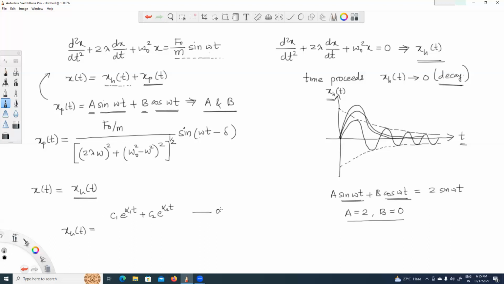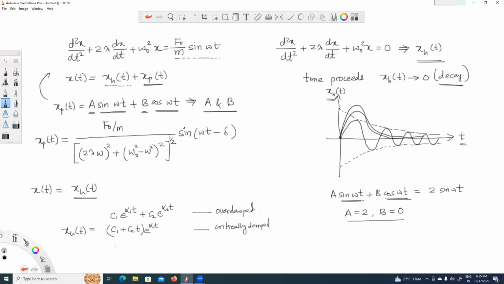This can be written for an overdamped system. If you have a critically damped system, you have c1 plus c2 times t multiplied by e to the power alpha t. In this case, alpha 1 and alpha 2 are the same. So this is for a critically damped system.